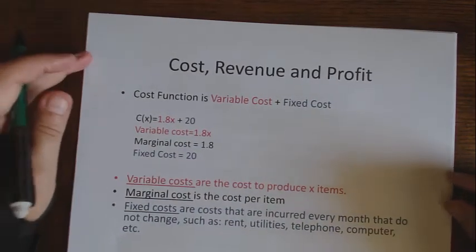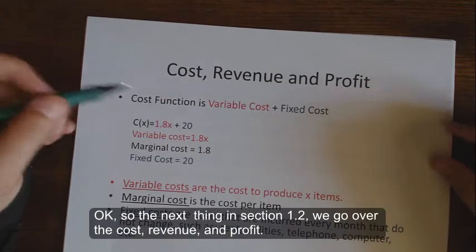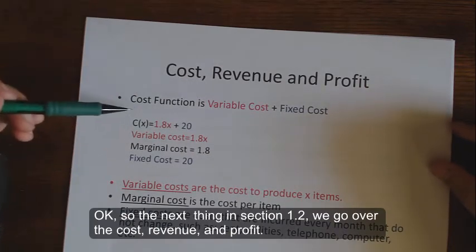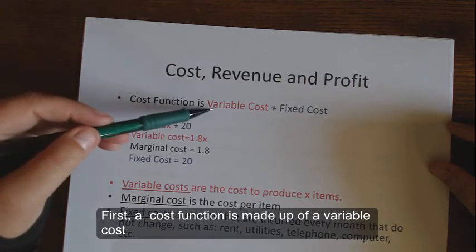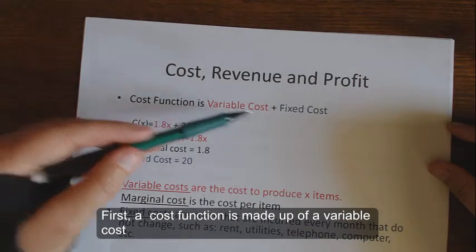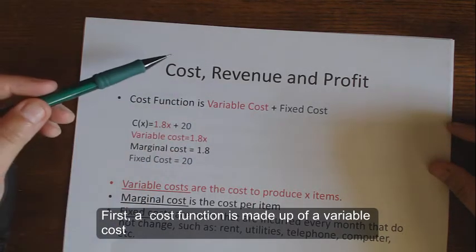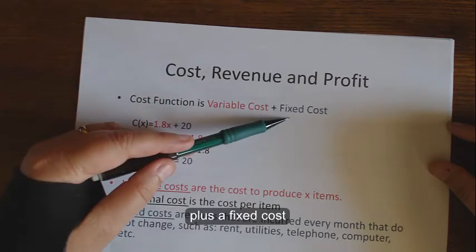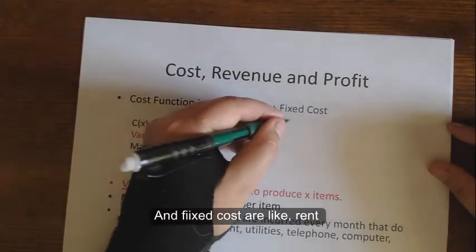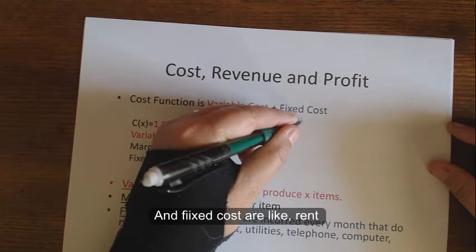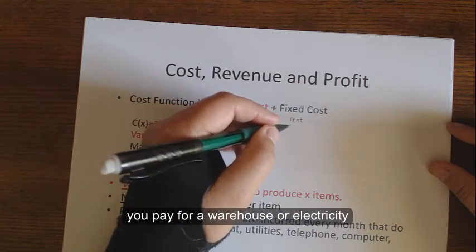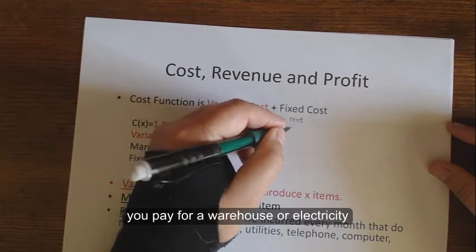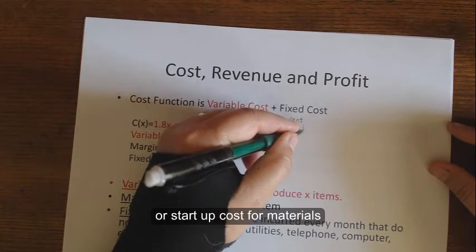Okay, so the next thing in section 1.2, we go over cost, revenue, and profit. First, a cost function is made up of a variable cost plus a fixed cost. And fixed costs are like rent you pay for a warehouse, or electricity, or startup cost for materials.